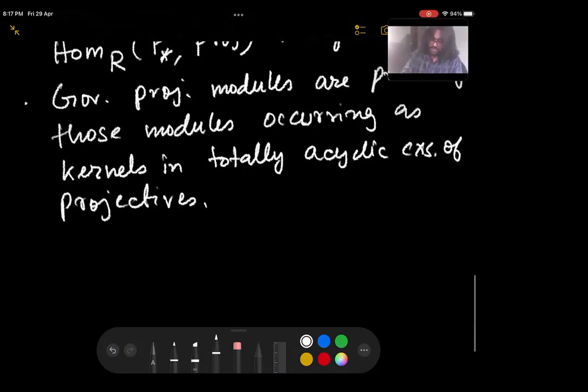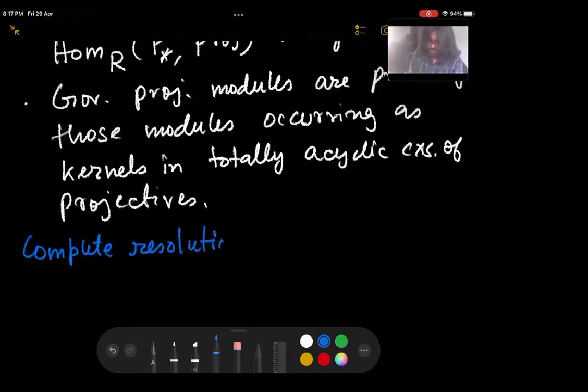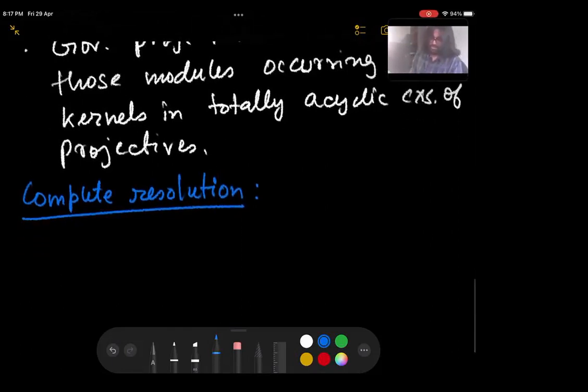So now the thing is, I just mentioned the phrase complete resolution, and didn't do much with it. So complete resolutions, even though we won't be using it too much, as an idea, it is important to just say what it is.